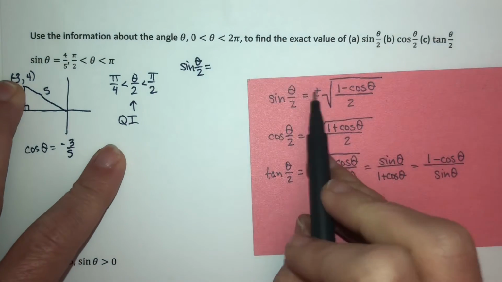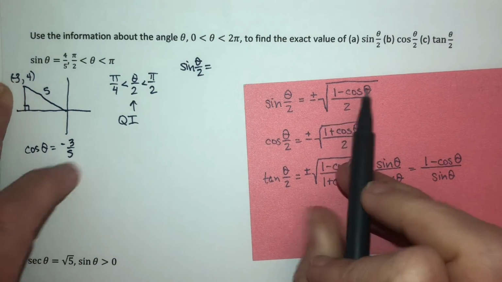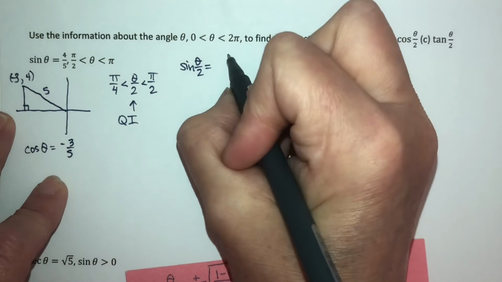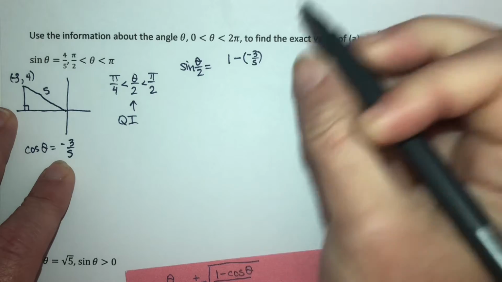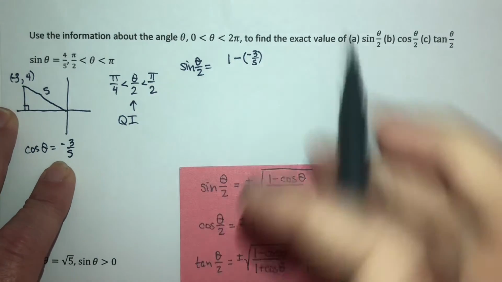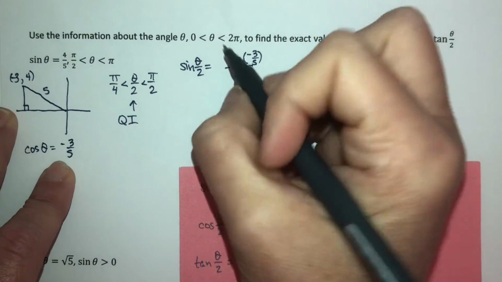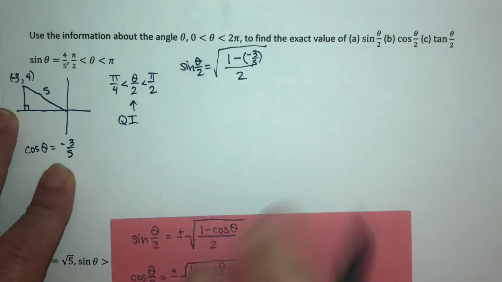Sine of the half angle is going to be the positive square root of 1 minus cosine theta, so 1 minus -3/5, divided by 2, and then take the square root of that.